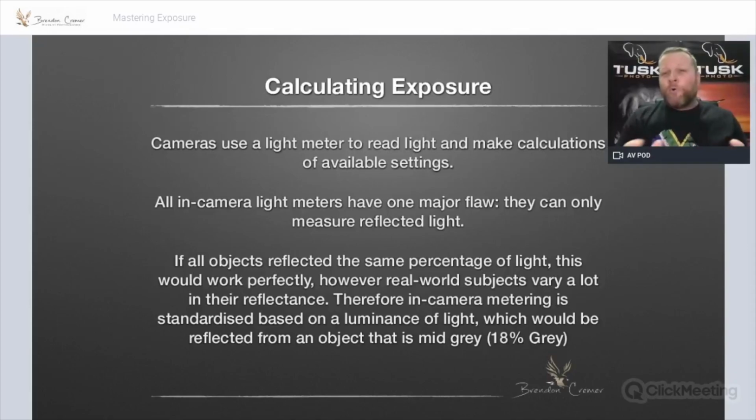So now, if all subjects that we photograph reflected the same amount of light, this would work 100% perfect and there would be no issues whatsoever. However, in the real world, each subject, each color tone, each tone of gray and brown and red and blue and everything reflects a different amount of light depending on how luminant it is.